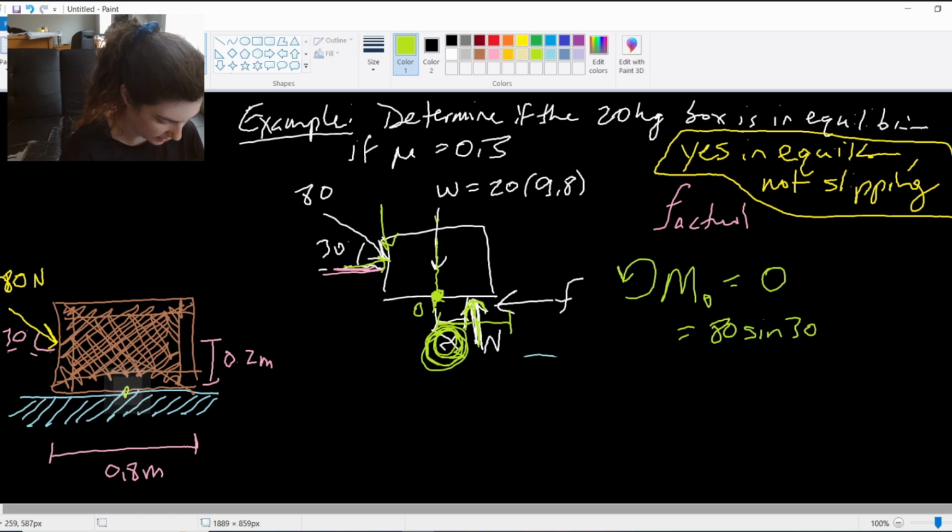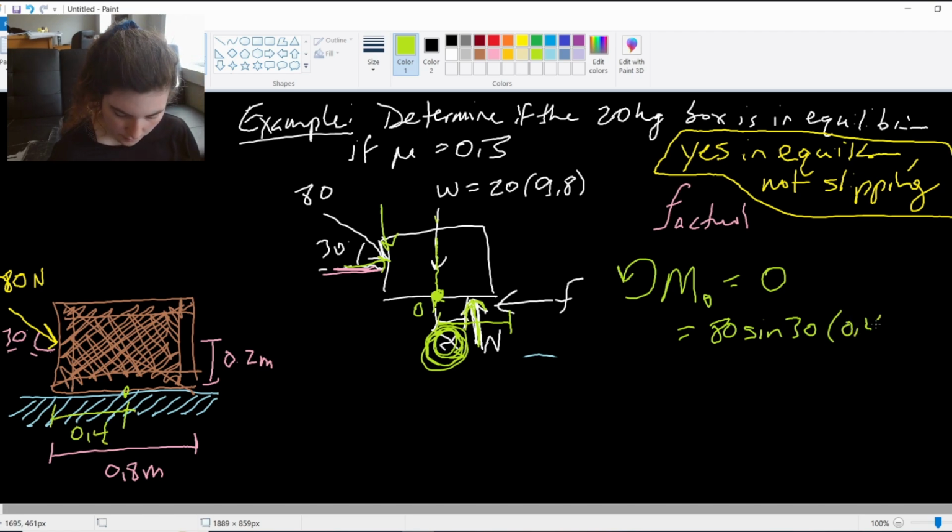This point is halfway, so this distance here is 0.4, minus 80 cosine 30 times its distance away, which is 0.2. And then finally, plus my normal force times x.